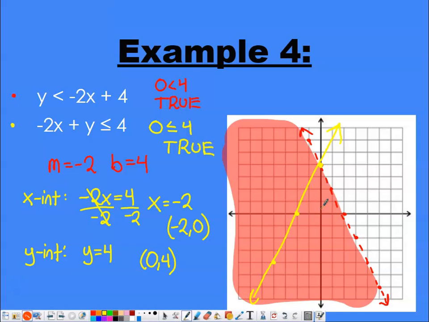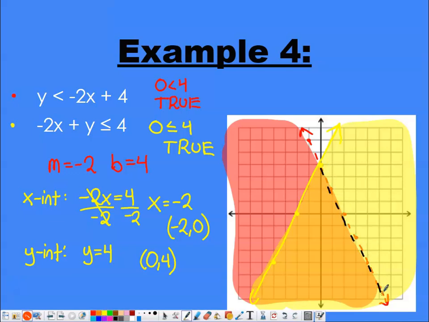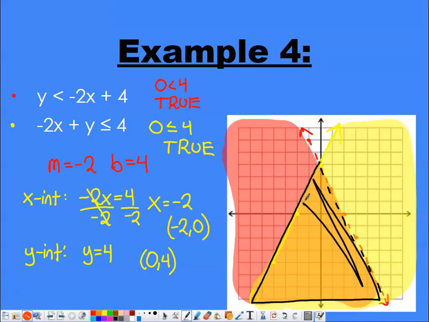So we want to shade this region right here, everything in there. The common shaded area there is that bottom triangle. So we're going to go ahead and shade that. And that is our answer.